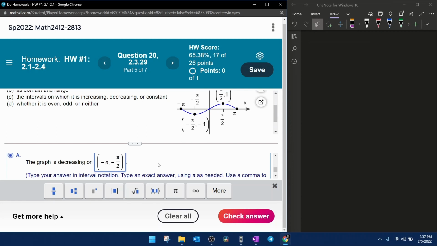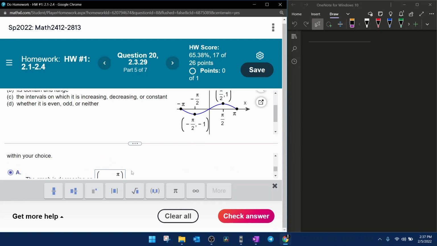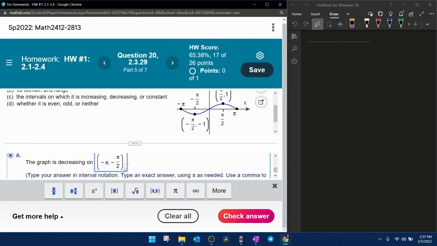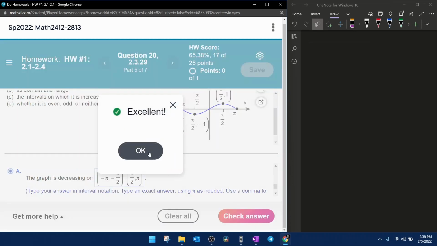And then, let's see what it says. It does say to use a comma to separate answers as needed. So we are going to need a comma. Technically, I think it should be the union symbol, in my opinion, but it says separate with a comma. And then the next interval of decreasing is from pi over 2 to pi. And then that should be the correct answer for the intervals of decreasing.